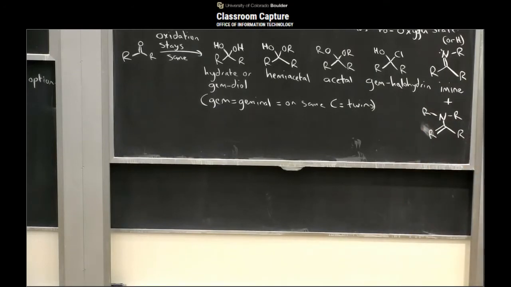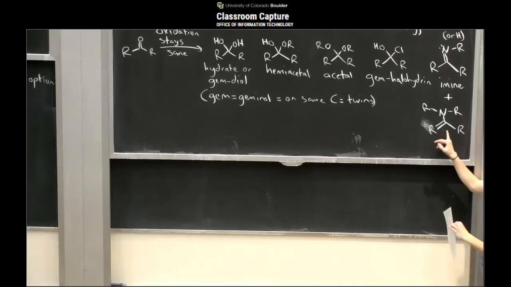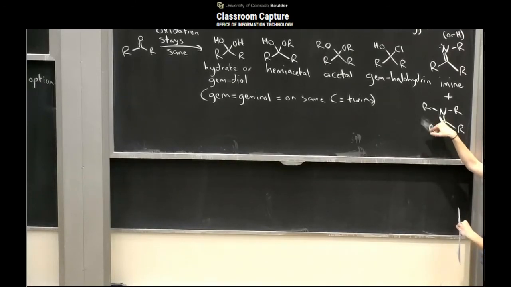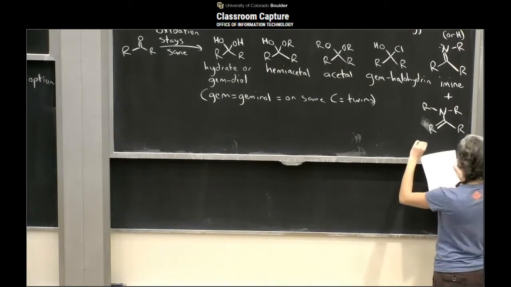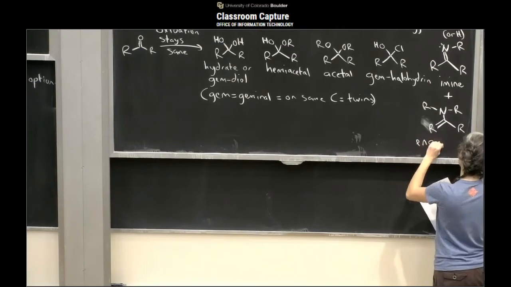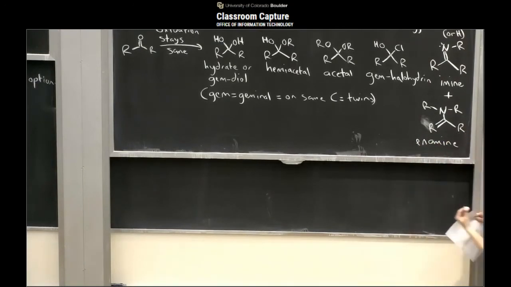And then the nitrogen has two R groups coming off of it. It's an alkene and it's an amine. So kind of like our enols, where we had an alkene and an alcohol, this is called an enamine instead of an enol. Okay, so this one and this one is pretty much the same mechanism until near the end. We'll get to that.